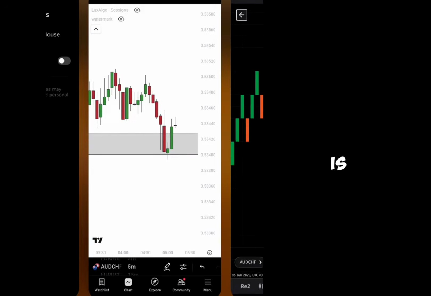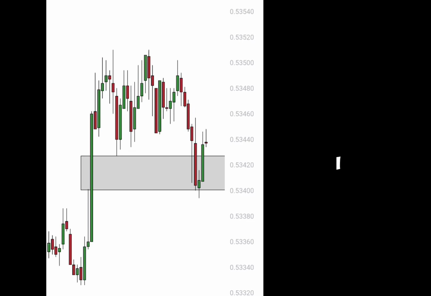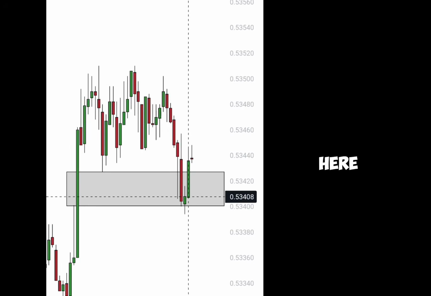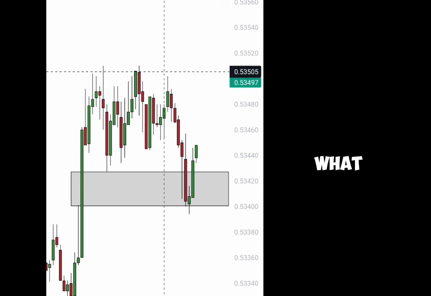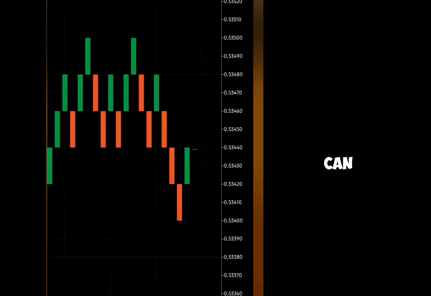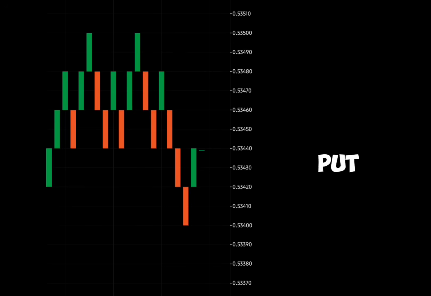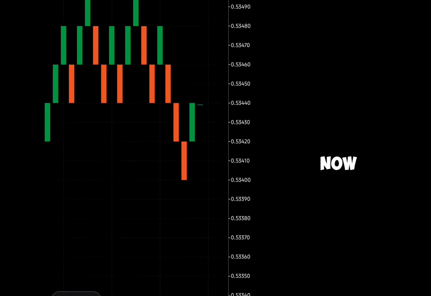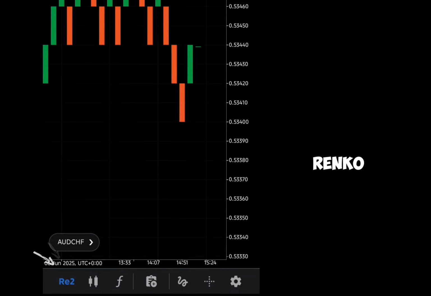Okay, so here it is. Now I've marked out the area I want to buy from, which is here, and then I want my target to be right there, above there. So what I will do is I will come to the cTrader, which you can download on Google Play Store. I'm going to put the logo for you so that you get to see it. Now I want to make use of what we call Renko 1.